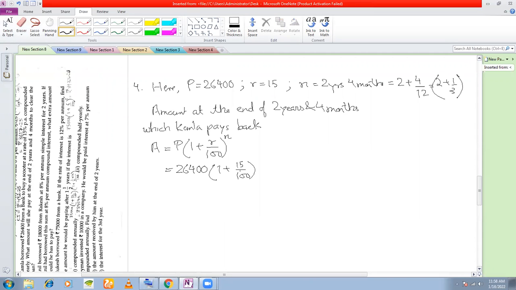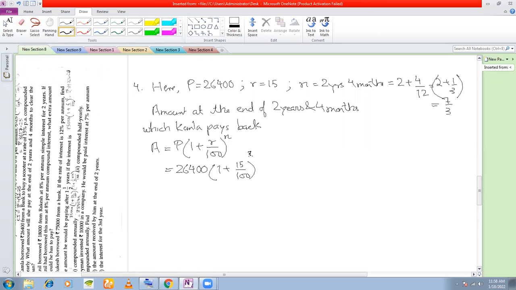Sir, why did we write this as 2 plus 1/3, why can't we write 7 by 3? Yes, you can write 7 by 3, but for convenience of calculation, we are writing this as 2 plus 1 by 3. If you want, you can write 7 by 3 here.